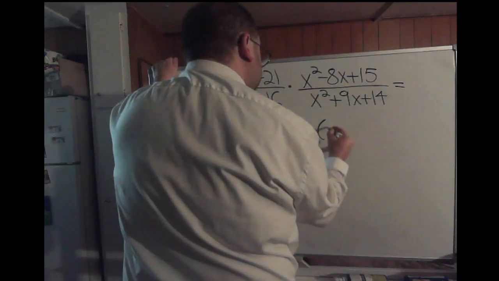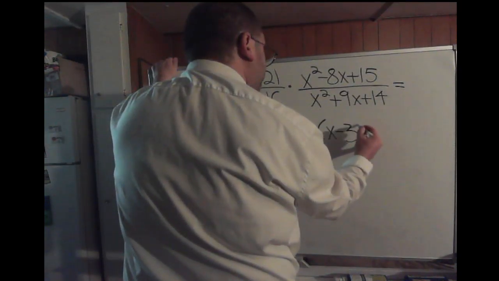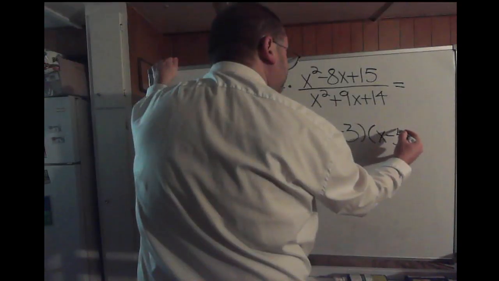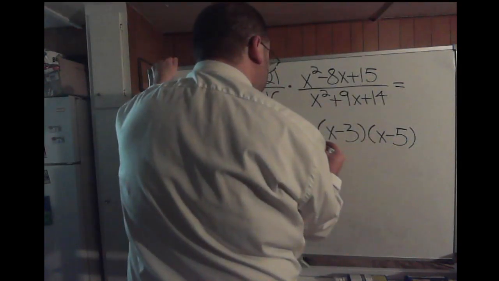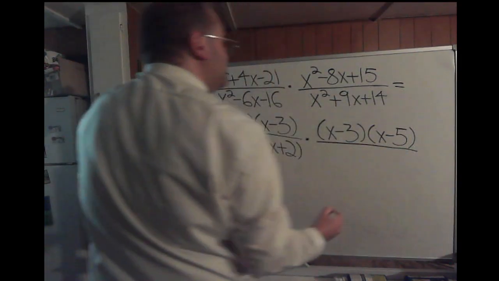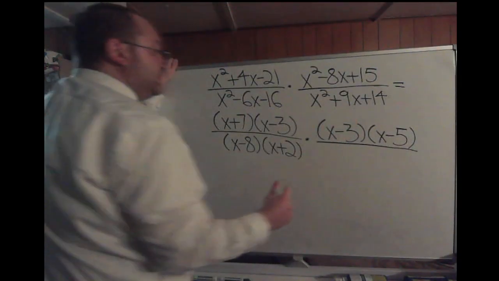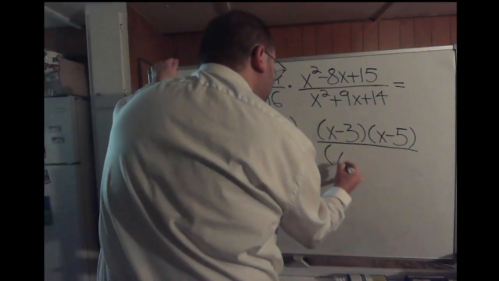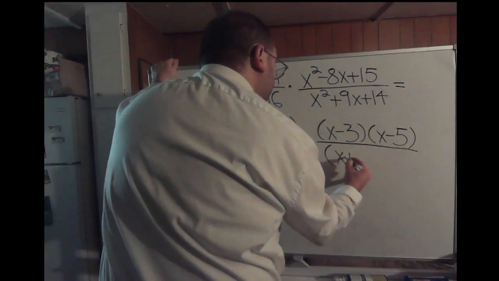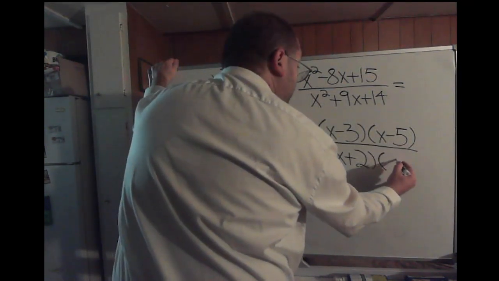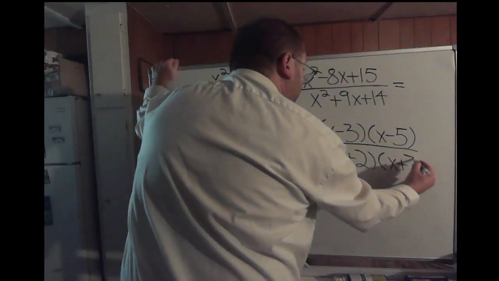You would get x minus 3 times x minus 5 all over, let's factor out x squared plus 9x plus 14. You would get x plus 2 times x plus 7.